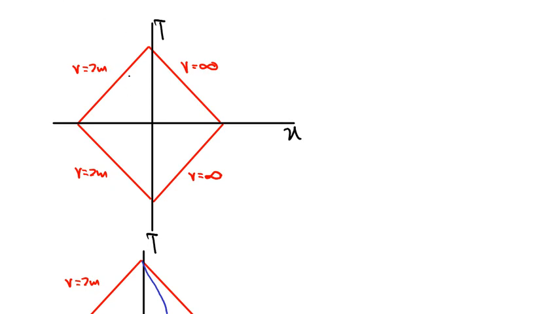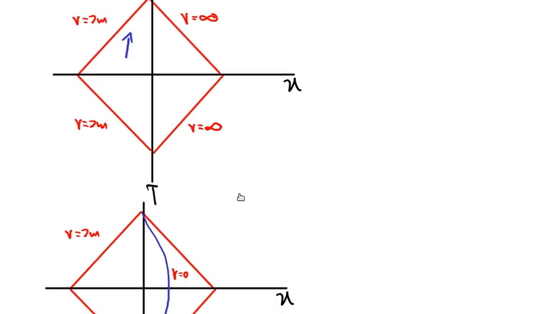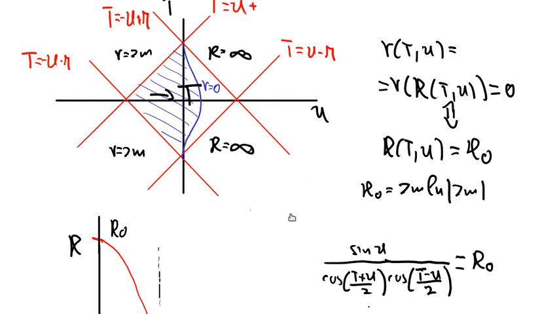Time orientation in the exterior case goes along t, so I just put this blue arrow to indicate the time orientation. And here, time orientation goes along u.